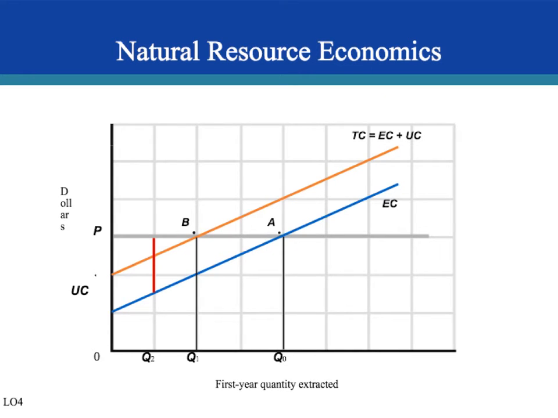Okay, so if a firm only looks at their extraction cost, then they will produce at point A, and at quantity Q right here. Okay. However, if it does take into account user cost, and they understand that the more they extract now, the less resource there will be to extract in the future, therefore lower profits in the future, then they will produce at point B.